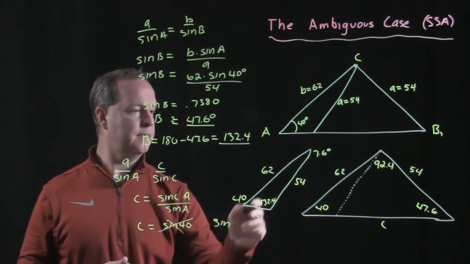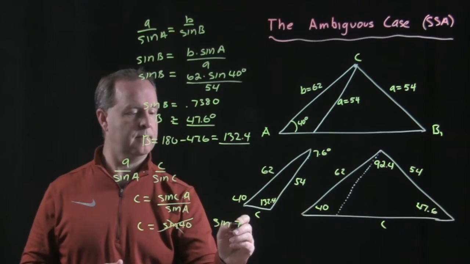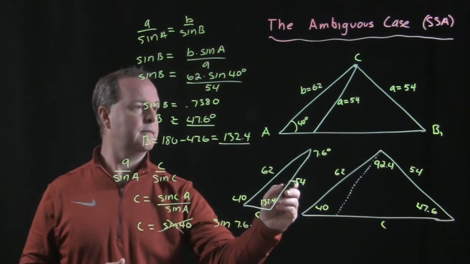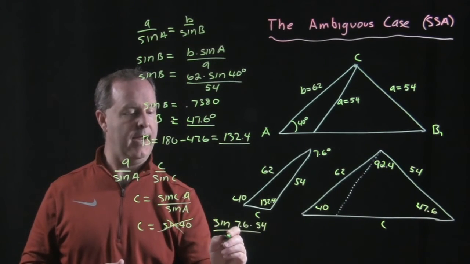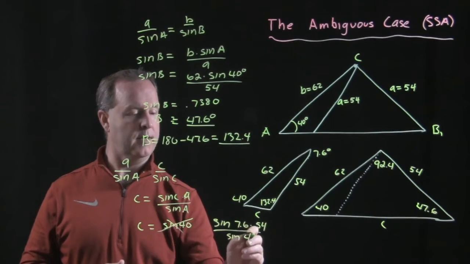Sine of C, 7.6, times A, 54, all over sine of A, which is 40.